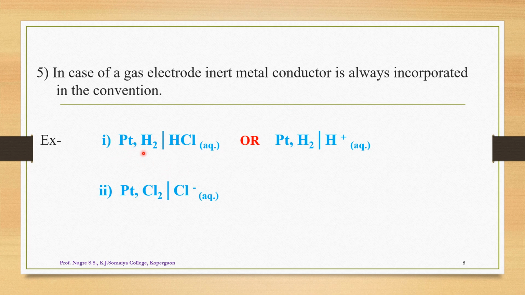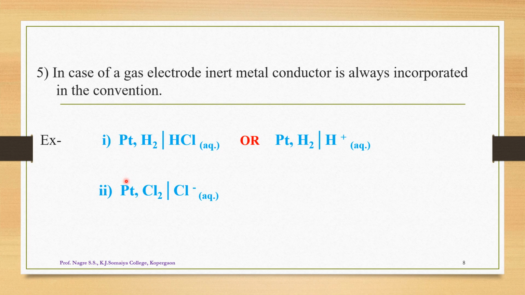To represent a hydrogen gas electrode, we can take platinum as an inert metal conductor. So it is Pt, H2, vertical line, aqueous solution of HCl, or it may be represented as Pt, H2, vertical line, aqueous H+. So this is a representation of a hydrogen gas electrode, and in such cases we have to use an inert metal conductor such as platinum.